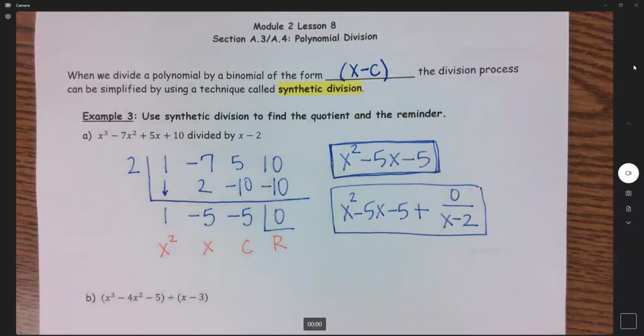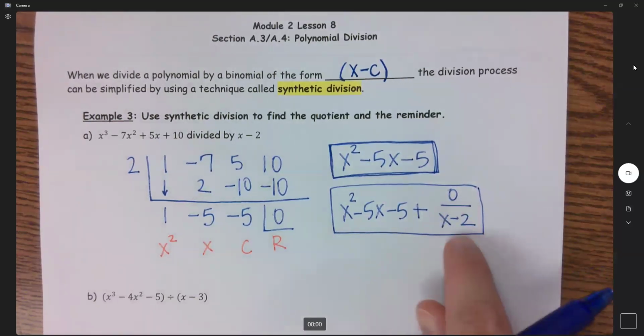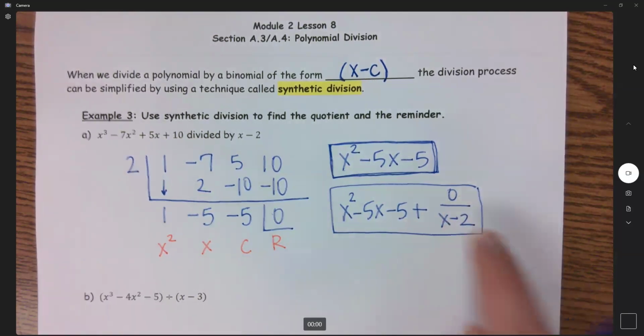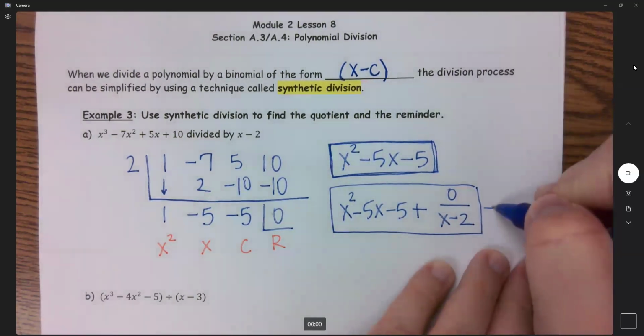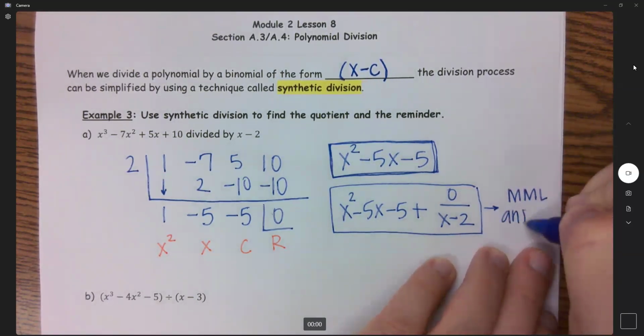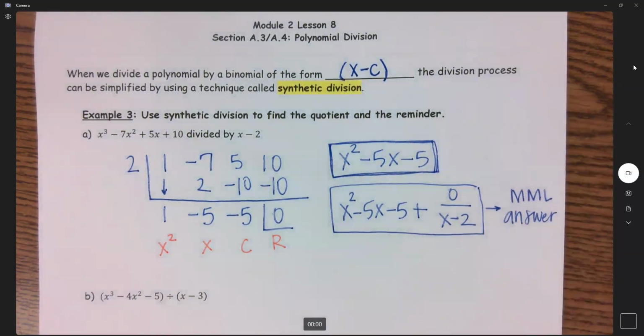Those mean the exact same thing, but if I have a remainder of 0, I really don't need this portion because 0 divided by anything is 0. But this, I believe, is the answer that my math lab wants. So my math lab answer.